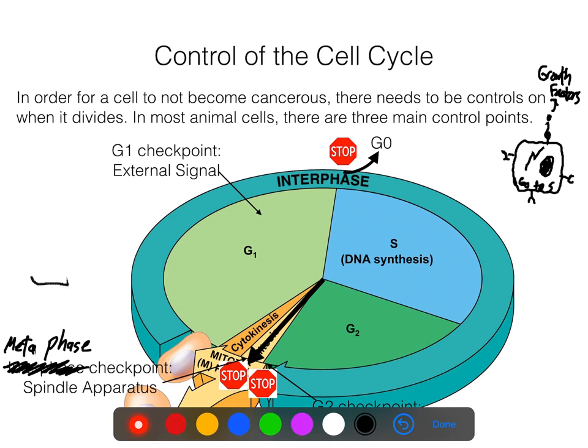And remember, in metaphase, your cell has the chromosomes lined up at the midpoint, and it has the spindle apparatus coming out and connecting to each of them.